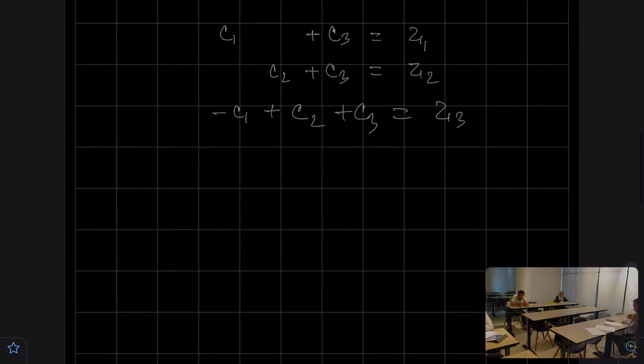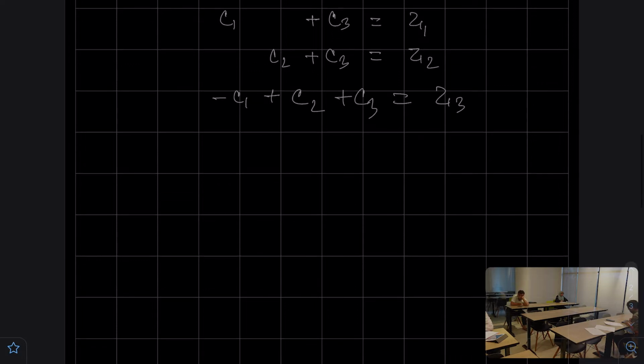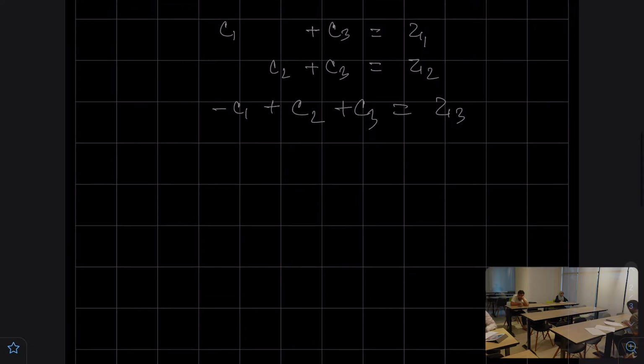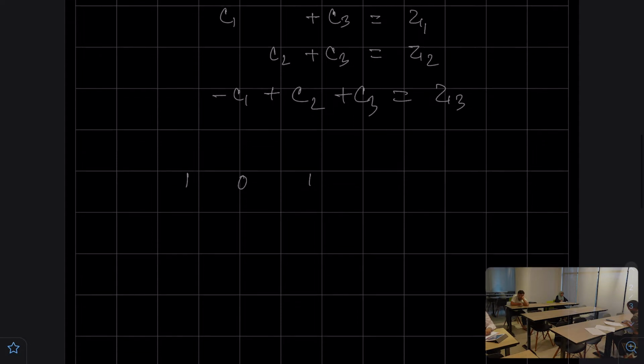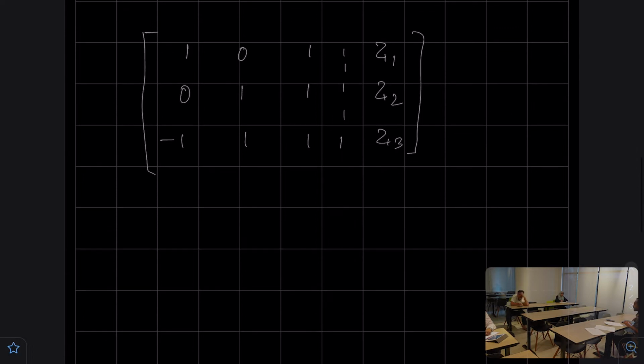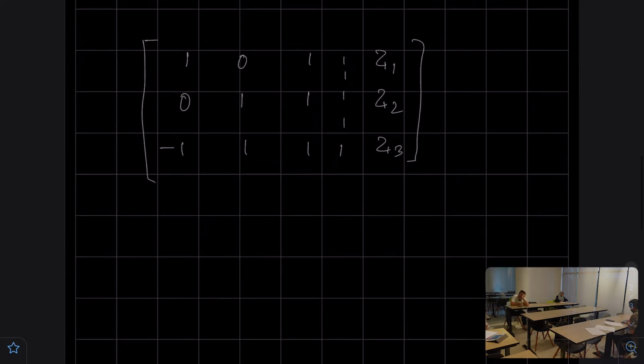But I can construct the augmented matrix from this system, and this is 1, 0, 1, Z1, then 0, 1, 1, Z2, minus 1, 1, 1, Z3. So this is the augmented matrix, right?